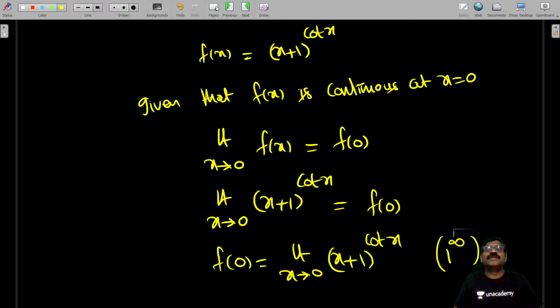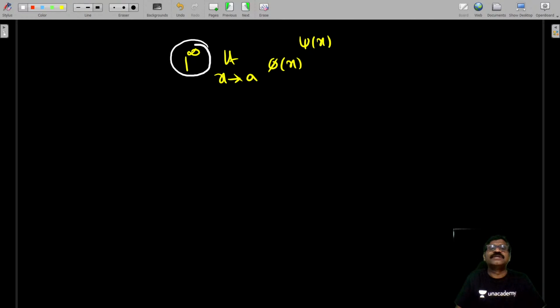Whenever limit is in the form of 1 power infinite, limit x tends to a, suppose phi of x power psi of x.